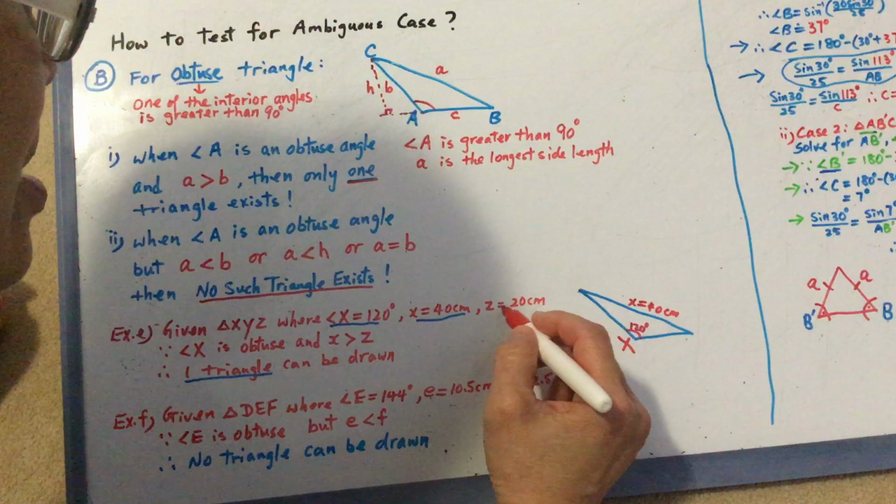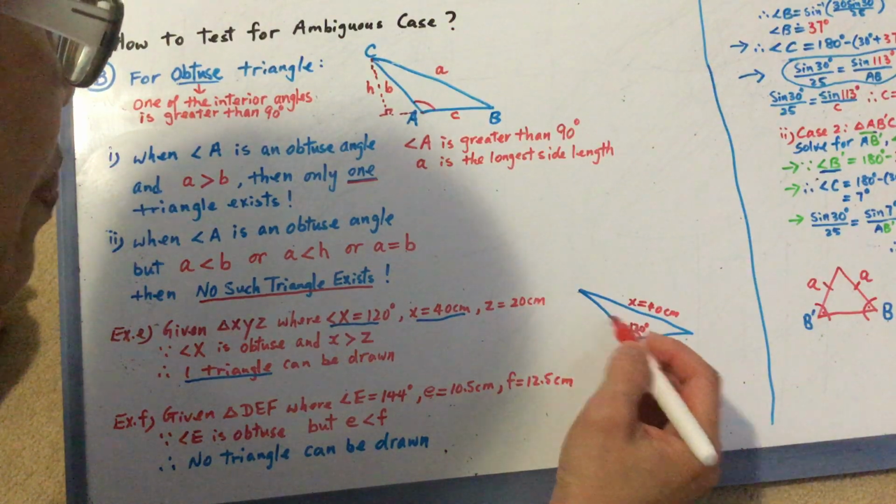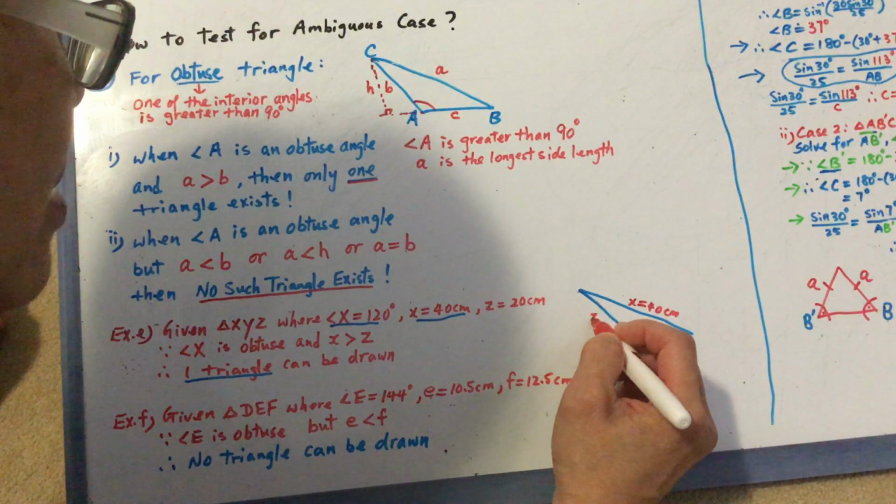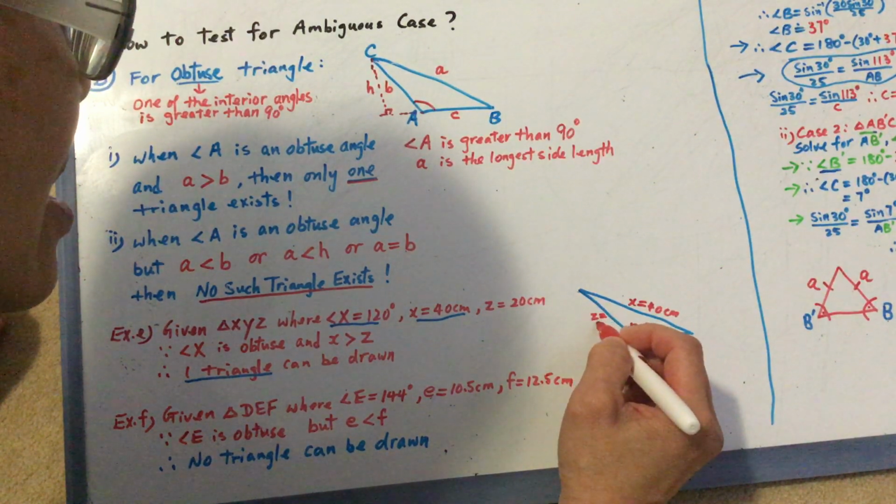My other length Z, 20, I can put it either way. I can put it here, that's fine. So I can say this is Z equal to 20.